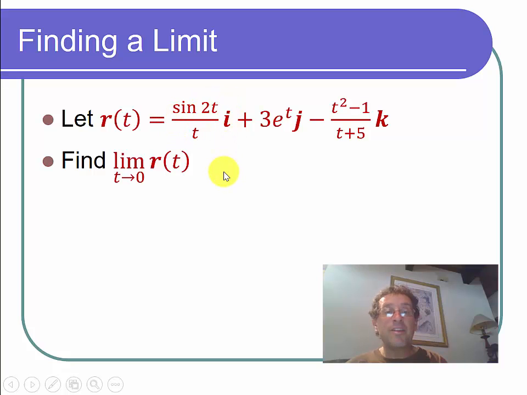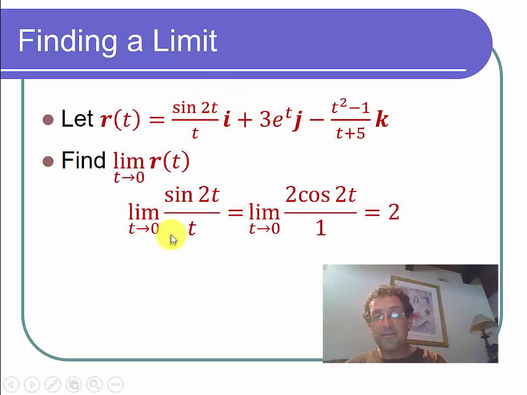So let's start out with sine of 2t over t. So the limit as t goes to 0 of sine of 2t over t, if you plug in, you get sine of 0, which is 0, over 0. That sounds hard, except remember, we have L'Hopital's rule.